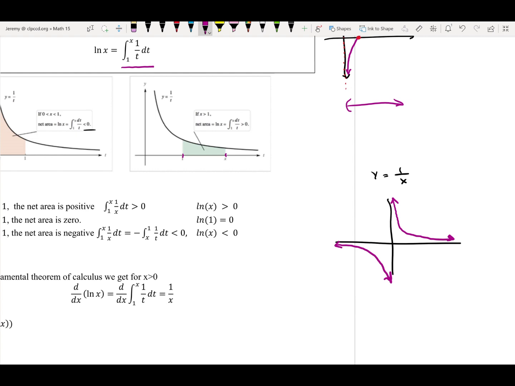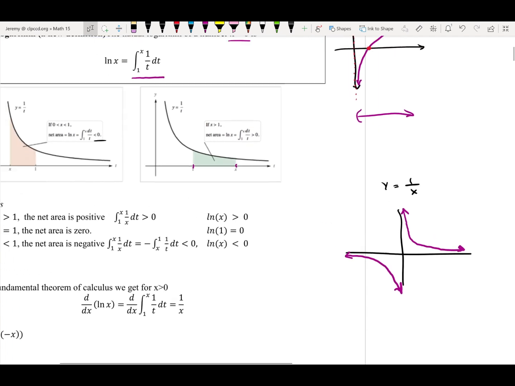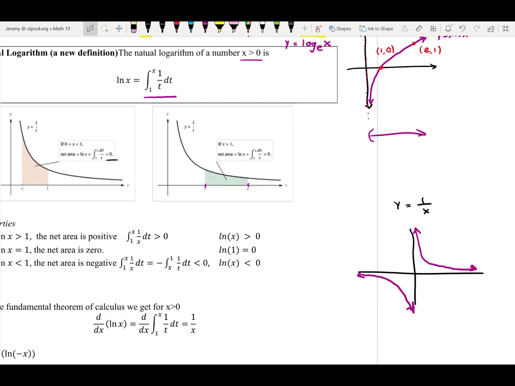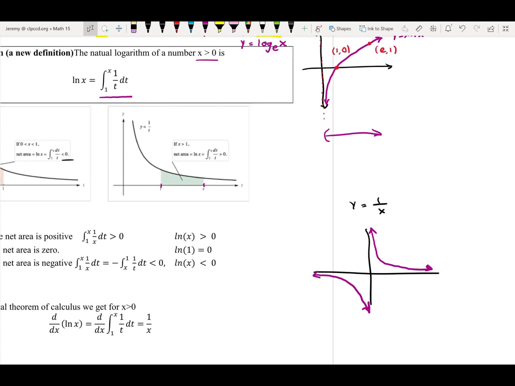So the graph of y equals 1 over x, and forgive my very sketchy drawing, looks something like this, where we have a horizontal asymptote at the x-axis, vertical asymptote at the y-axis. Okay, so the natural logarithm gives us the area under the curve of this function, however, only to the right of the y-axis, again, because of this restriction on the domain of the natural logarithm. Okay, so really it's like the area under the curve of this right branch in the first quadrant.